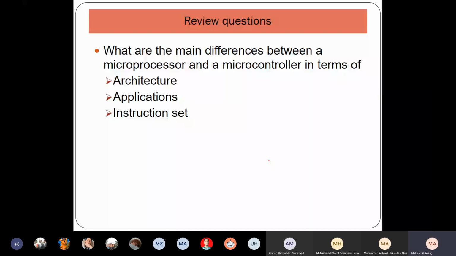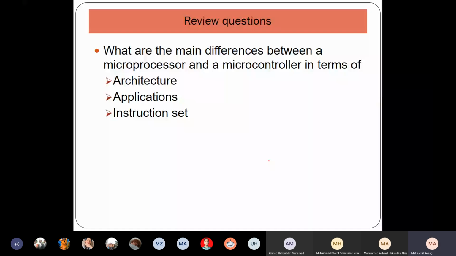Basically, the microprocessor, in terms of the architecture, is on multiple chips. So basically, the CPU is standalone. Then the timer and everything has separate ICs. Whereas for the microcontroller, everything is on one single chip, single IC.